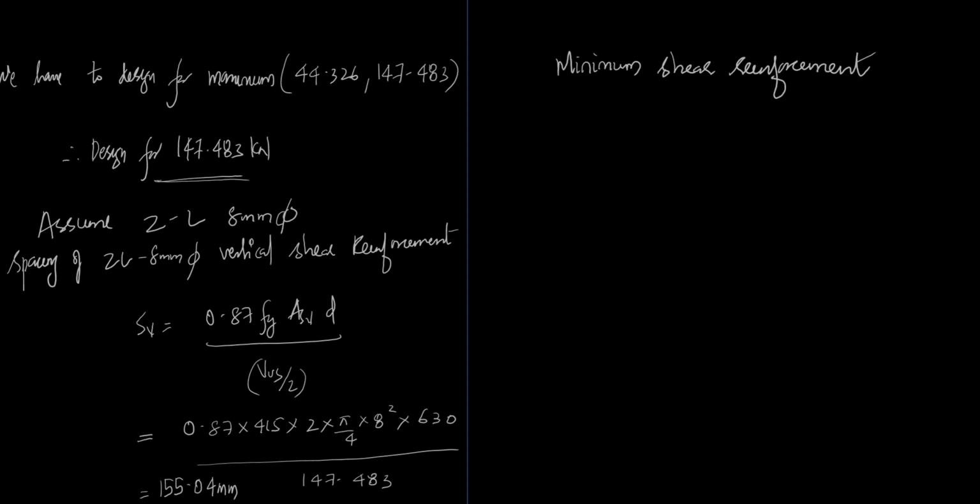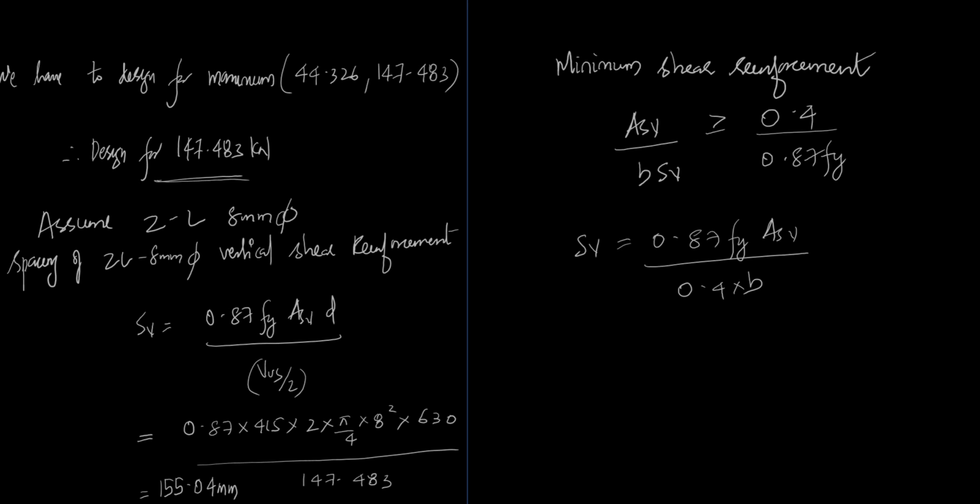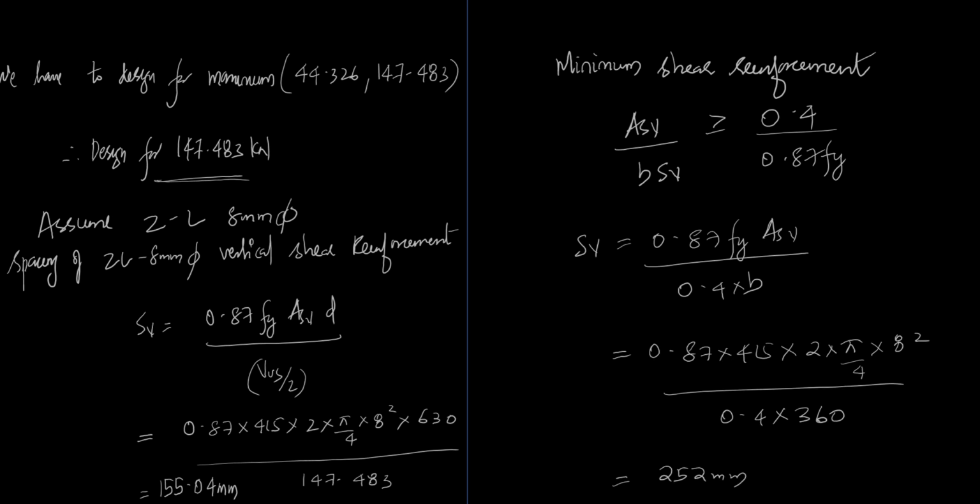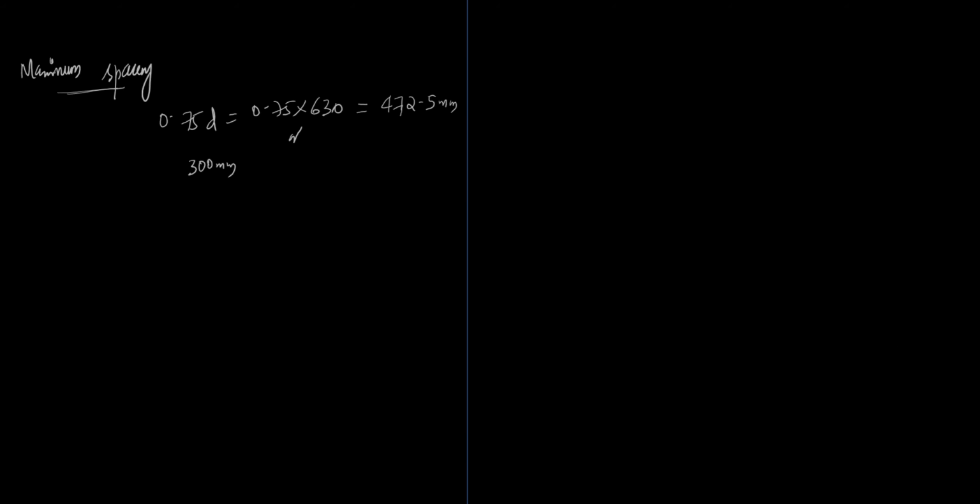That is the minimum shear reinforcement criteria you have. ASV by b SV must not be greater than 0.4 by 0.87 Fy. There you'll get the maximum spacing as 252 mm, which is safe. This is 155, so it is okay. Now the maximum spacing criteria based on the effective depth is 0.75d, that is 472.5 mm, or 300 mm.